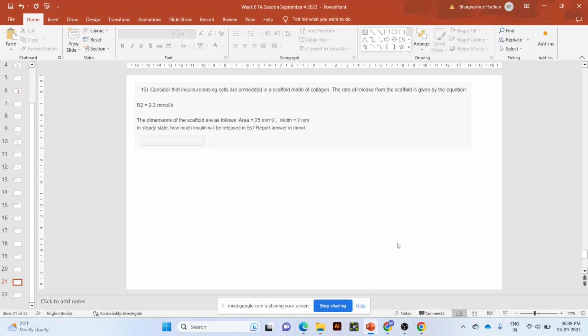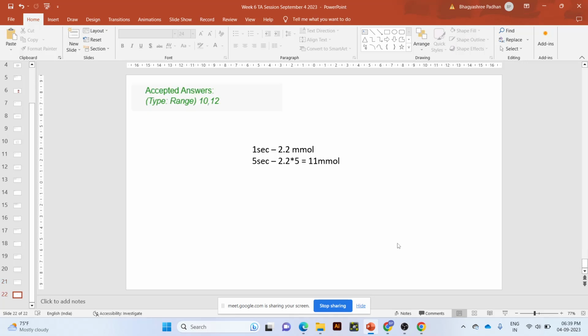Anyone else solve the answer? Okay, so the answer is pretty straightforward. The area and width here have nothing to do with calculating how much insulin will be released in 5 seconds. Here R2 is given as 2.2 millimole per second. So in 1 second it is releasing 2.2 millimole. Then in 5 seconds it will release 2.2 times 5, that is 11 millimole.